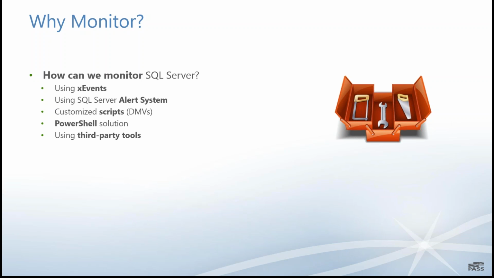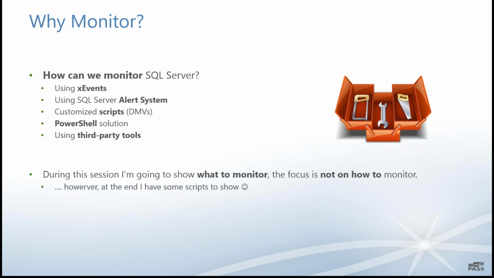Of course, this will depend on the motivation and the kind of monitoring. But in this session, I'm going to focus more on what to monitor and not on how to monitor. But in the end, as I said before, I will show you some solutions to monitor the 3 points that I will show here. For instance, I'm going to use customized scripts, the DMVs, and PowerShell.